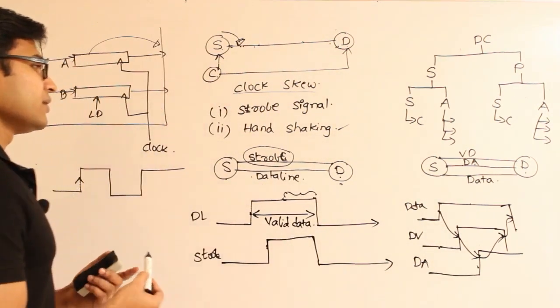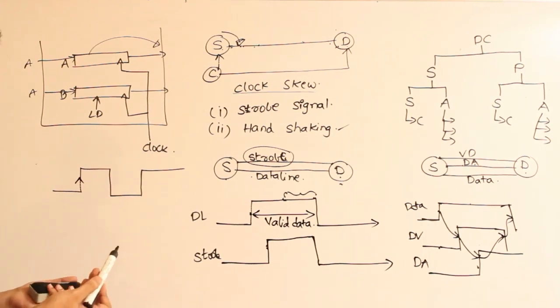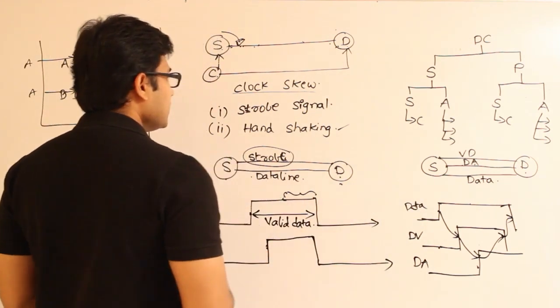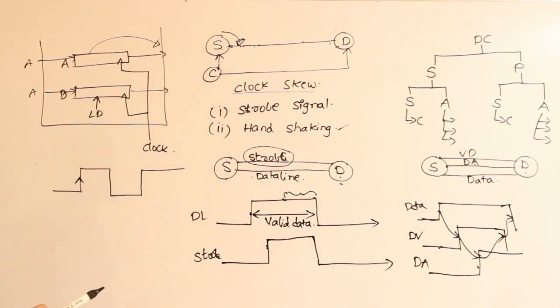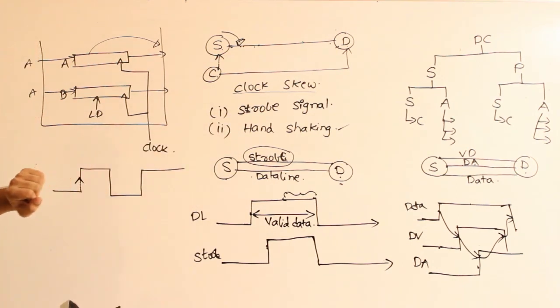So either a source can initiate the transfer or the destination can initiate the transfer, and these lines will be used appropriately. So these two are being used in many situations, and sometimes even without using this strobe and this handshaking also, people are able to transmit the data.